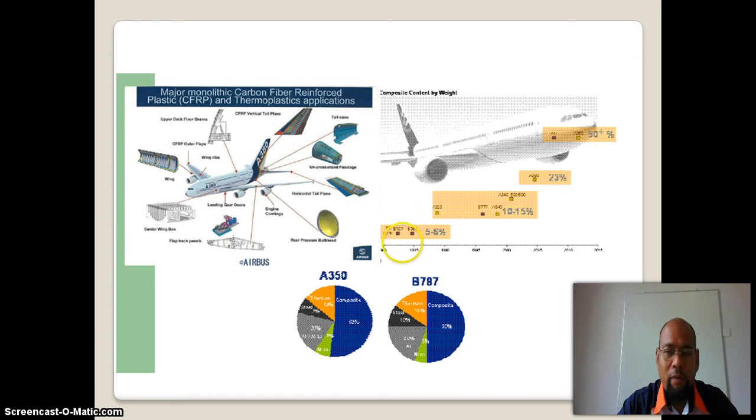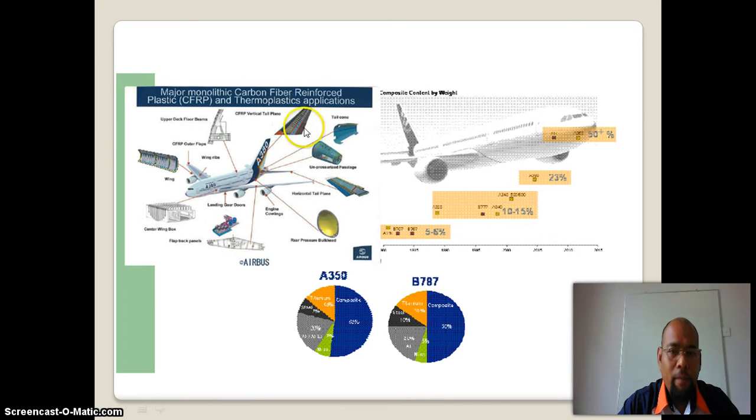So here, if you look at this diagram, for the latest A350 aircraft from Airbus, more than 50% comprises composite material.